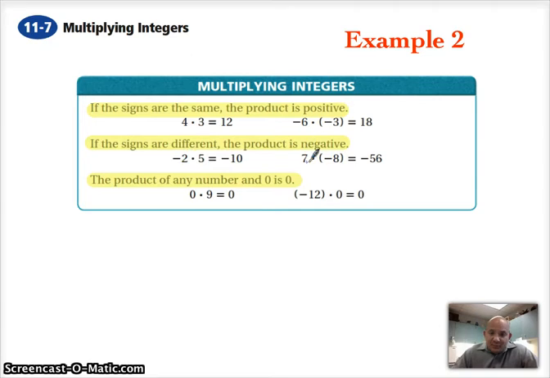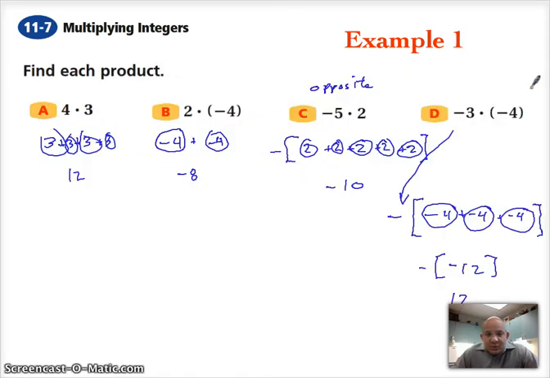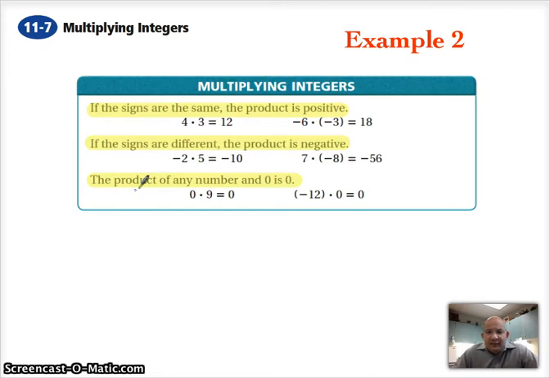Here we have a factor that's positive times a factor that's negative. It equals a negative number. Shown to us through those examples here in the middle, B and C. Positive and a negative results in a negative. A negative and a positive results in a negative. Finally, the product of any number and 0 is of course 0, which is neither positive nor is it negative.